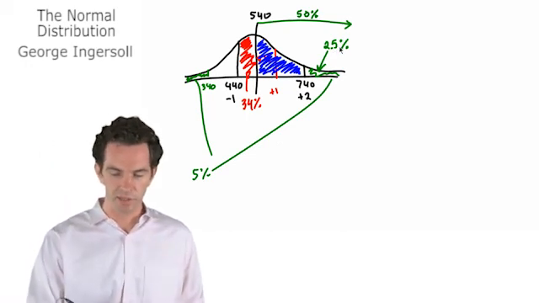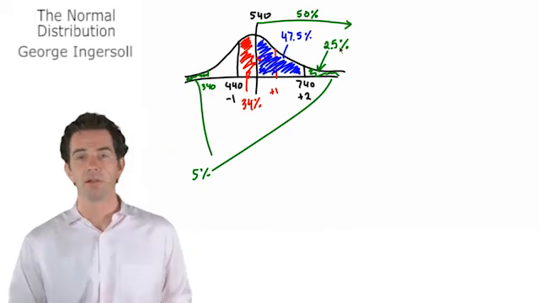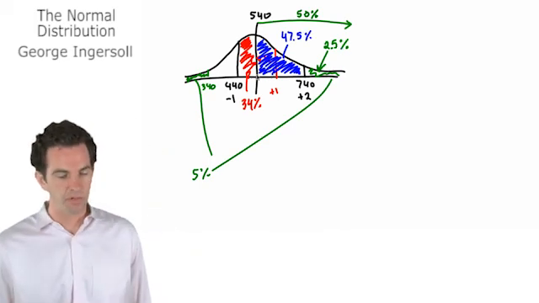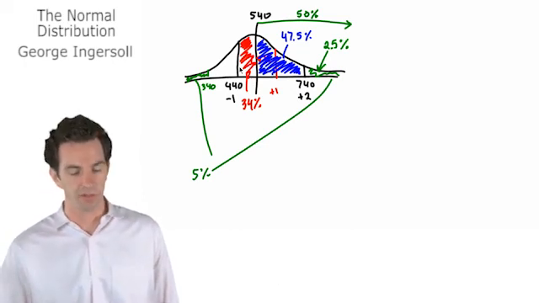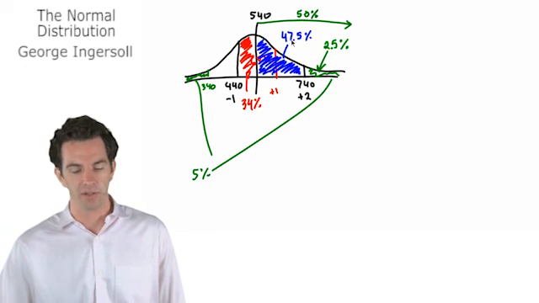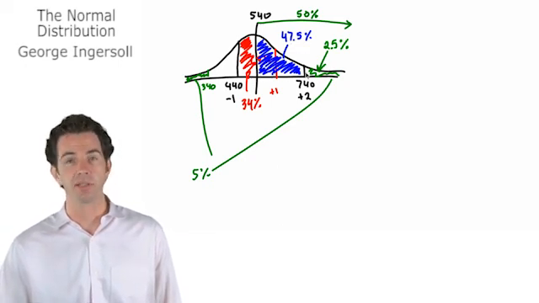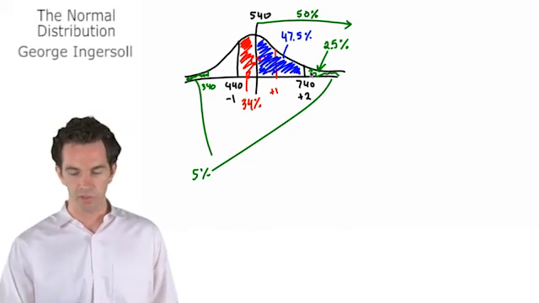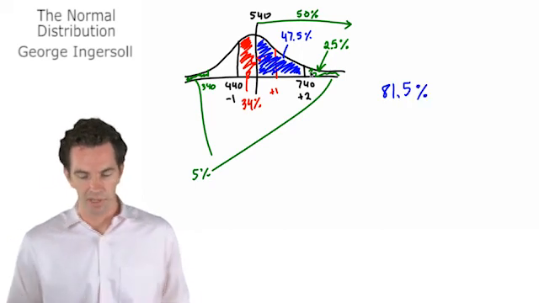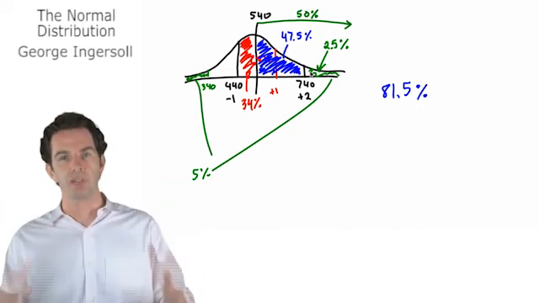So this area is going to be equal to 47.5%. Now, we're there. We've got 34% falling between the average and -1 standard deviation, plus we've got 47.5% falling between the average and +2 standard deviations. So we just have to add these two together. So this is going to be equal to 81.5%. So 81.5% of all results are going to fall within 440 and 740.